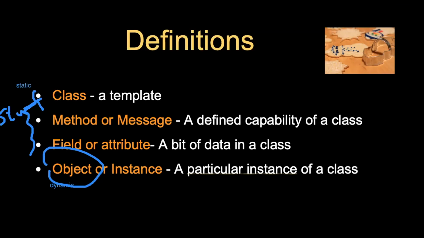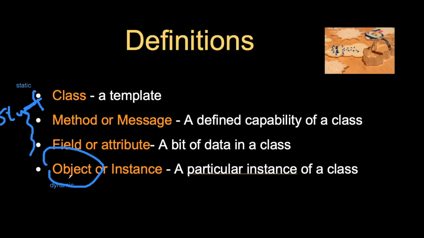So static means what you see is what you get. What you see in front of you in this Python code is static. It's a class, it's a method, it's a field. But when you compile and run your code at runtime, where the Python runtime interprets your compiled Python code, whatever is interpreted becomes a whole bunch of objects at runtime.